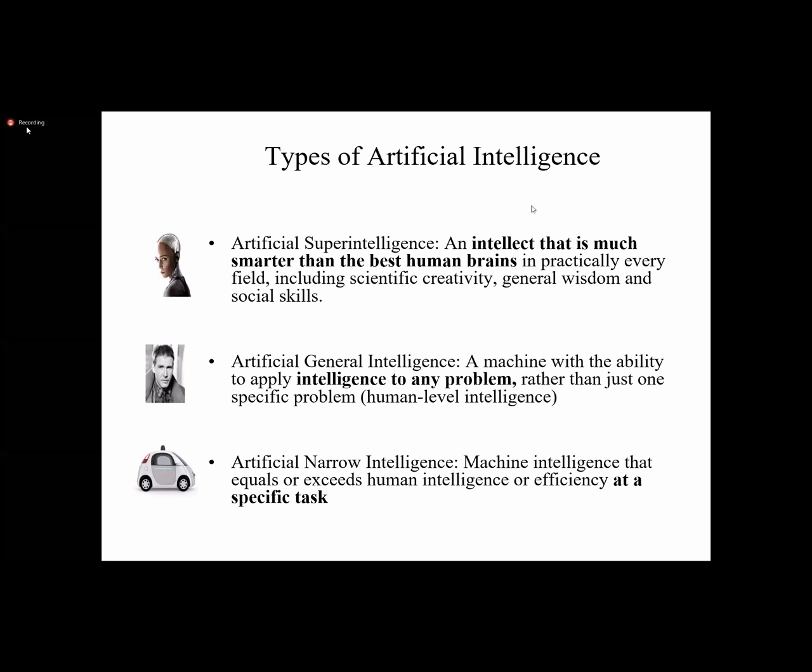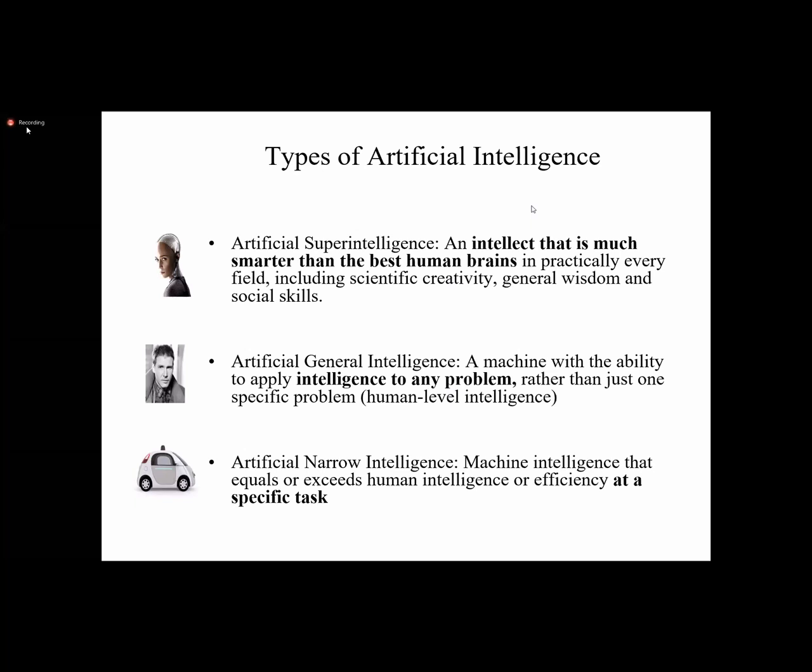And next we have artificial narrow intelligence. Narrow intelligence means machine intelligence that equals or exceeds human intelligence or efficiency at a specific task. That means the equipment is trying to achieve human intelligence, like how a human works. Humans work basically on emotions.